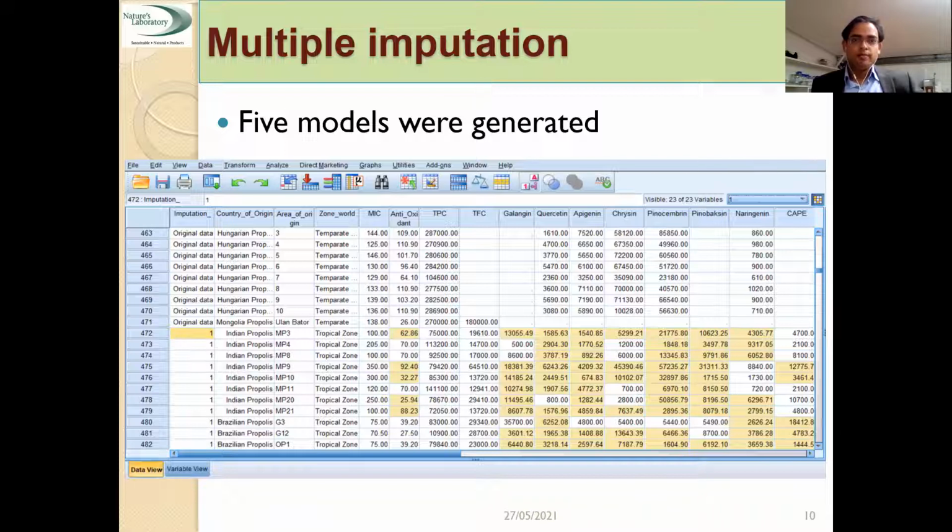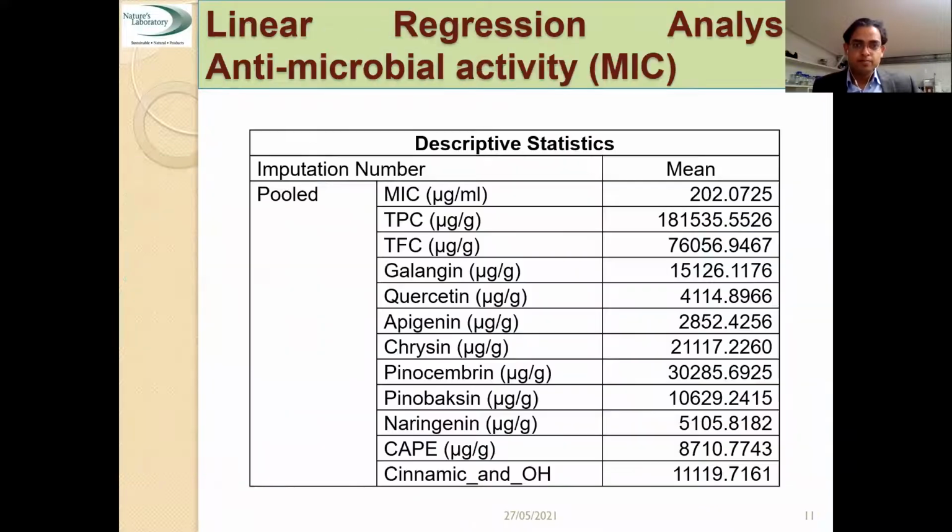So the statistical software can impute the values by cross-referencing the values you have fed in earlier. The values we have taken in our studies are the median of 5 models.